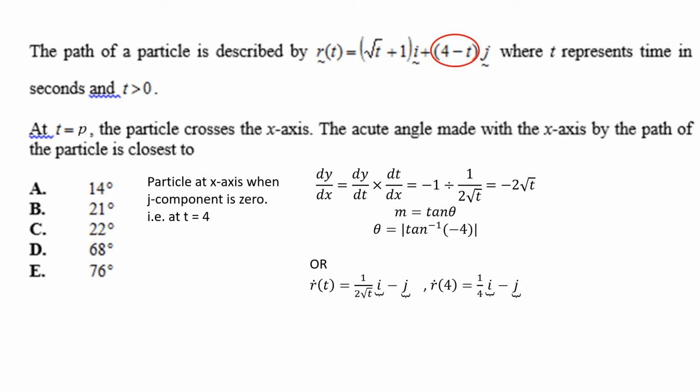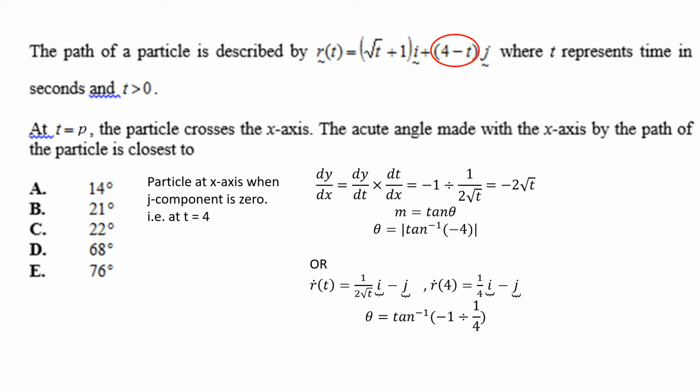Here's another way. We could have appealed to the velocity vector function as said before. So r dot of t is equal to that. And so the gradient will be equal to rise over run, so our j component over our i component. So we substitute t equals 4 into the rule. Our j component has a value of minus 1.